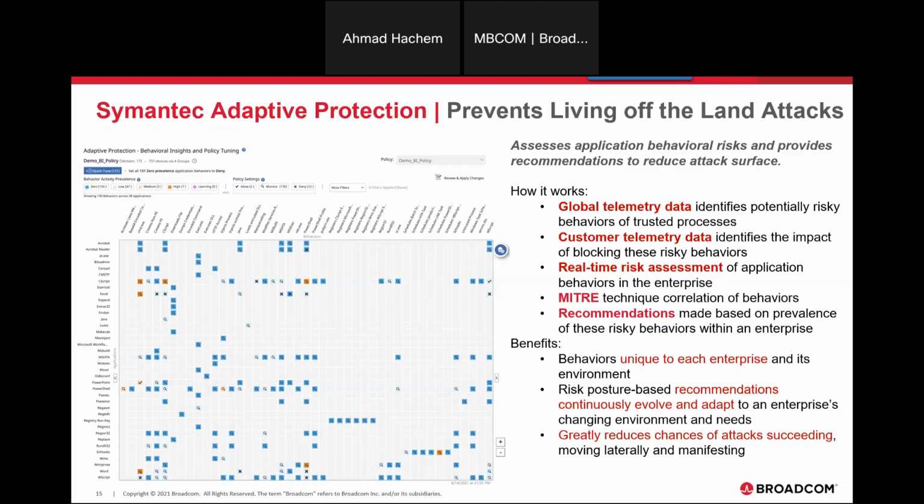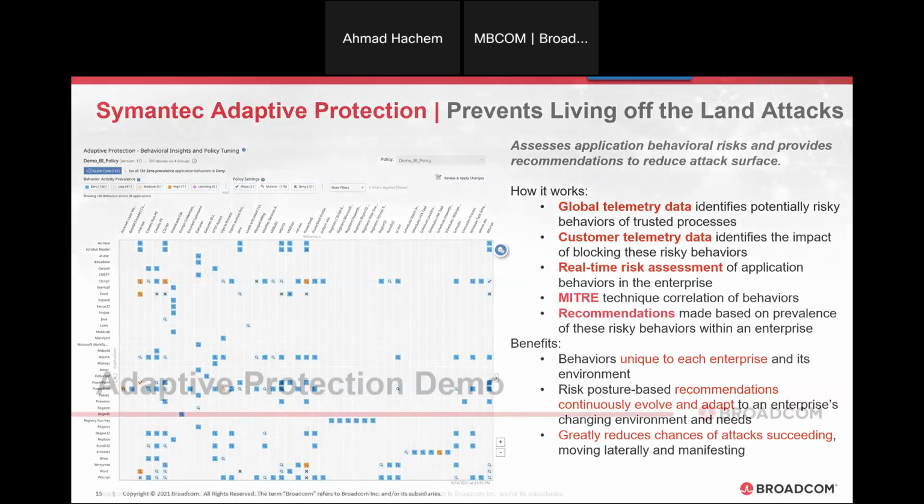The MITRE enrichment: each and every application that is mapped to a specific behavior will have specific relevant information related to the MITRE tactics or techniques that might be used to execute malicious payloads or malicious scripts or whatever.